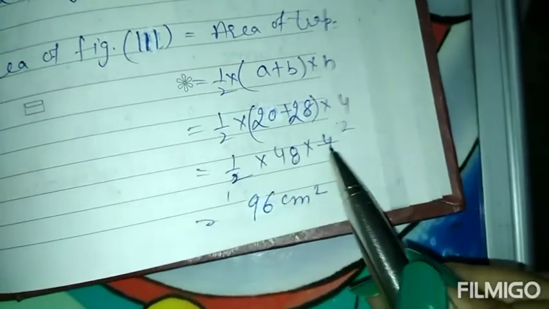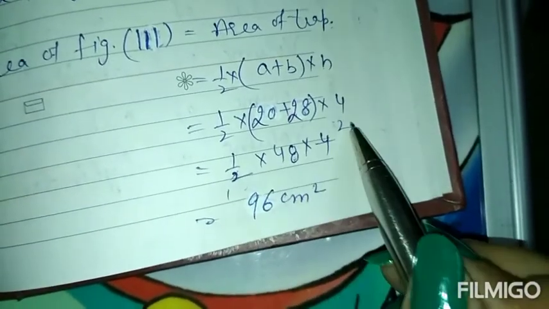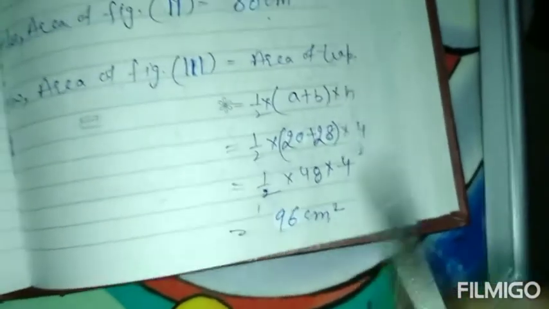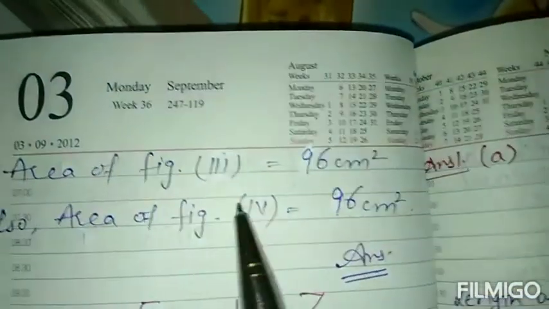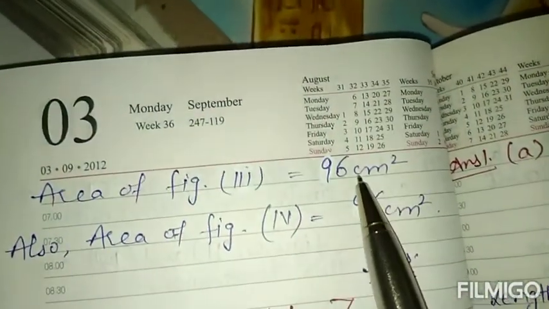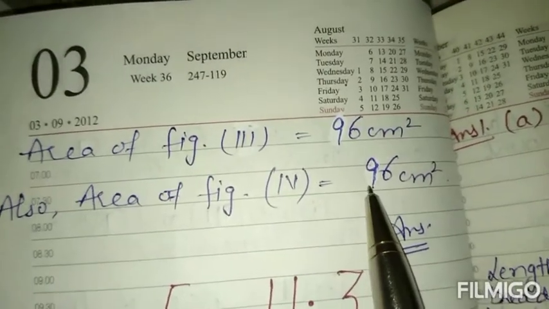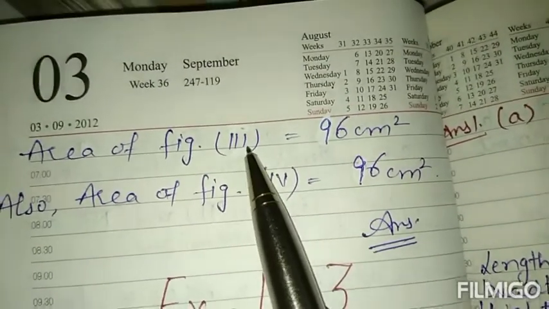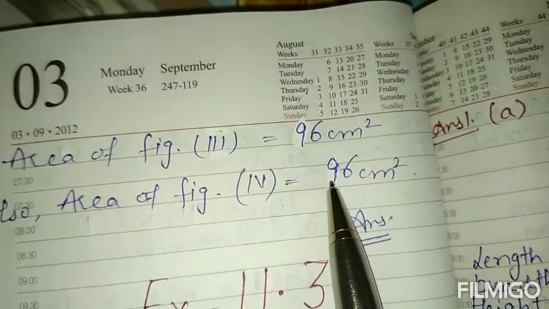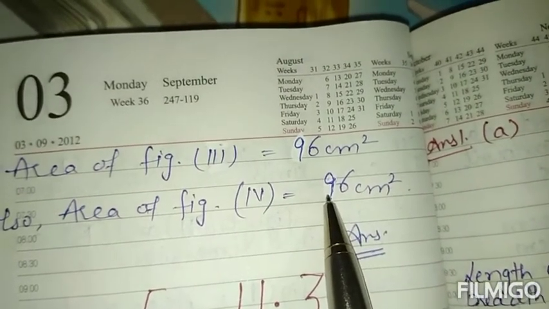So half of 48 into 4, it will become 48 into 2, 96 centimeter square. So area of figure 3 equal to 96 centimeter square. Also area of figure 4 is equal to the area of figure 3, so area of figure 4 is also equal to 96 centimeter square.